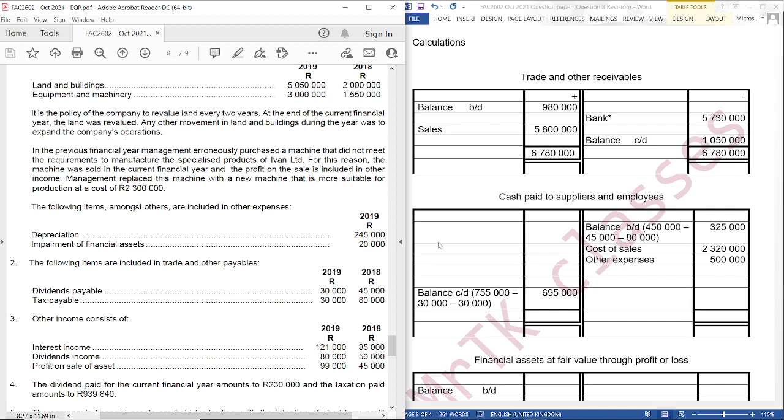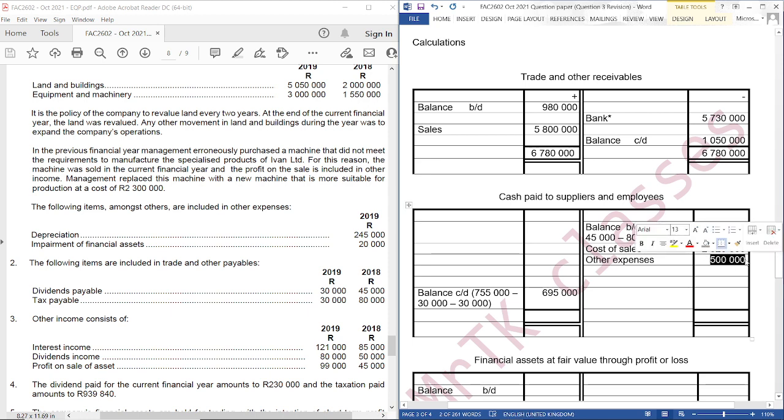What are those items? We have depreciation. So what we are going to do, depreciation is a non-cash item. It should not be part of our statement of cash flows. Right, so we want to remove it from this amount, so we are going to debit it. Let's debit depreciation.